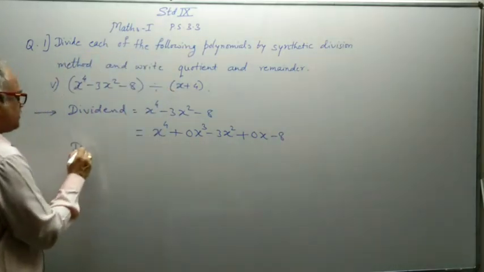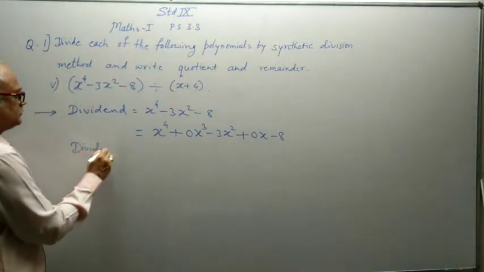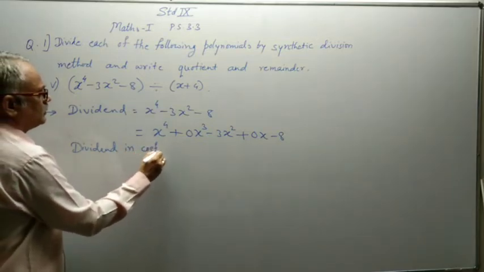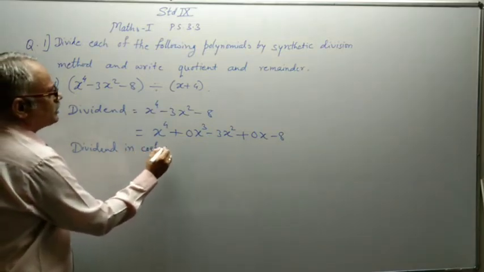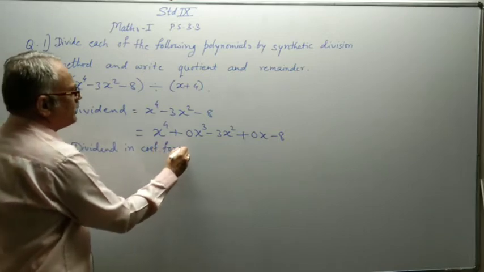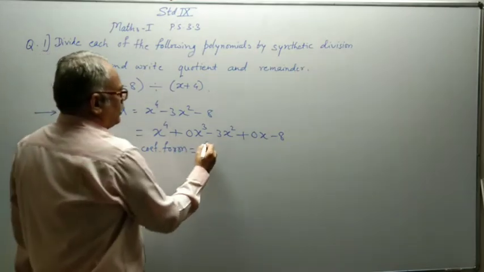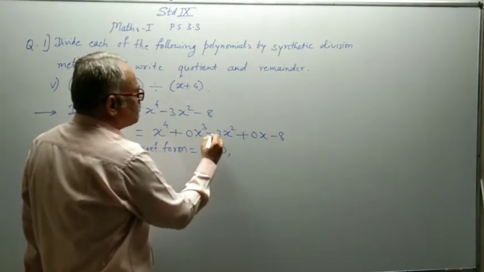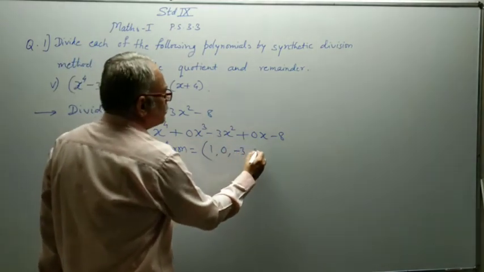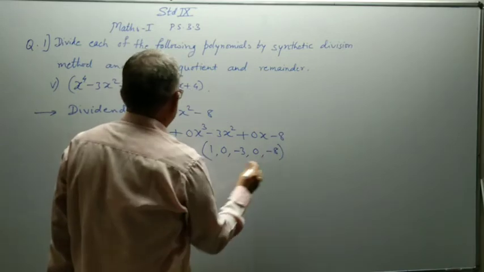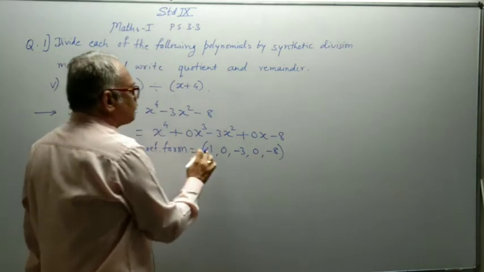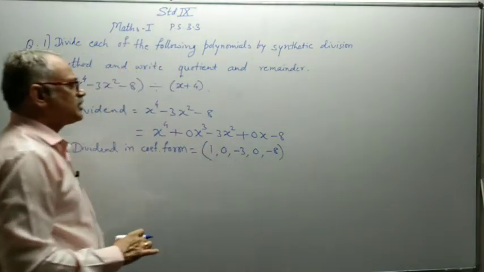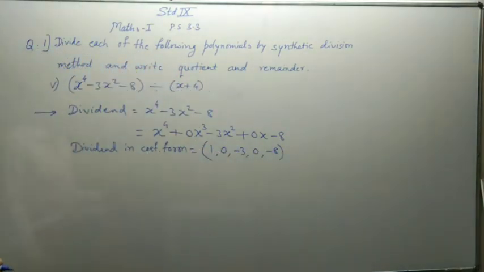Therefore, the dividend in coefficient form, which I have written in short, is 1, 0, minus 3, 0, minus 8. Raised to 4 is there, so the terms must be 5 and the coefficients must be 5. Coefficients are always 1 more than the degree.